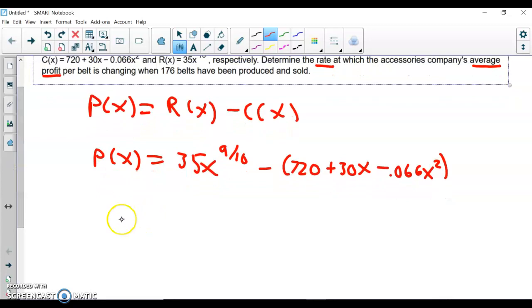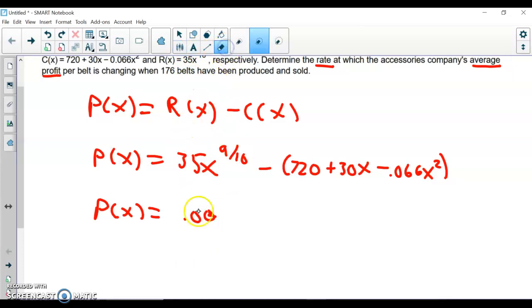Okay, so we'll skip the simplified real quick. It looks like the leading term, it doesn't really matter if you're not in descending order, but I like to put it in descending order. Our lead term is going to be, if you notice, we got a minus times a minus, that gives us a positive 0.066x squared, and then we got a minus 30x.